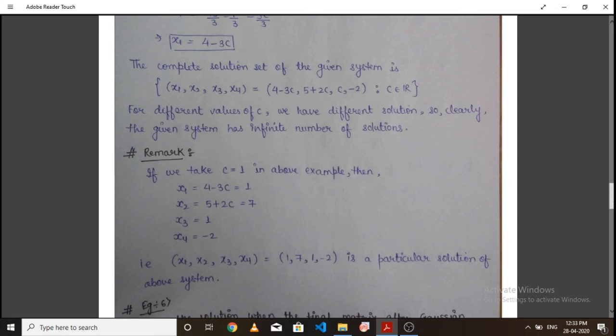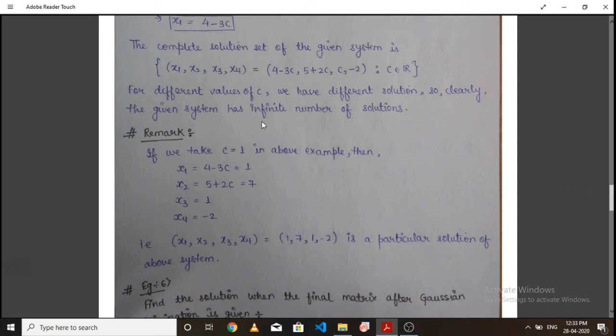That is, after writing that the system has an infinite number of solutions, you will also take some value of c. Here I took c equal to 1, then x1, x2, x3 and x4 become 1, 7, 1, minus 2 respectively, right? So this value that we obtained after putting some value of c is called my particular solution.